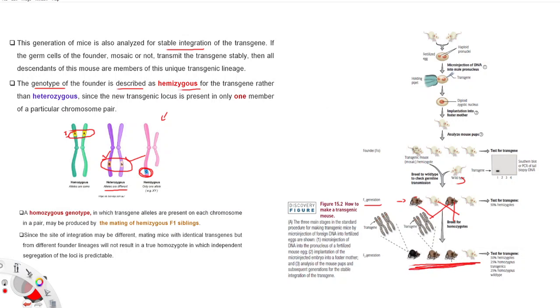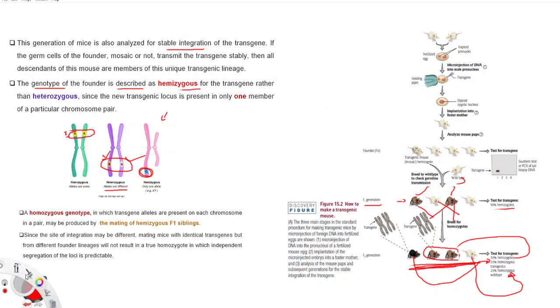And in this new line, what you will notice is that, again, you see here, 50% are going to be hemizygous, and another 25% are going to be homozygous transgenic. That's what we're looking for. And another 25% is going to be homozygous wild type.